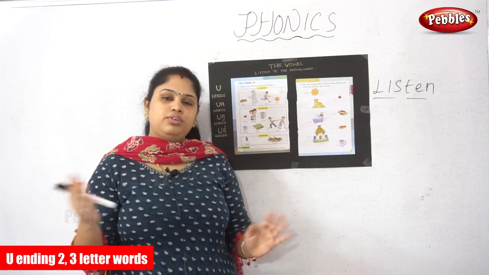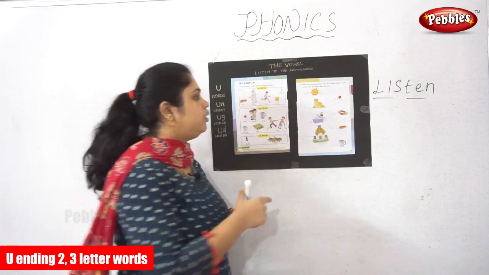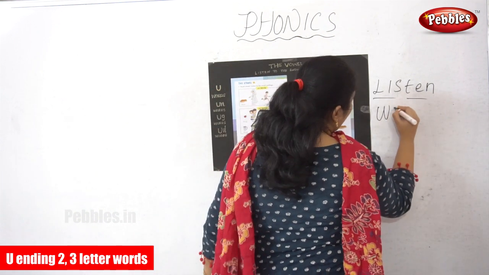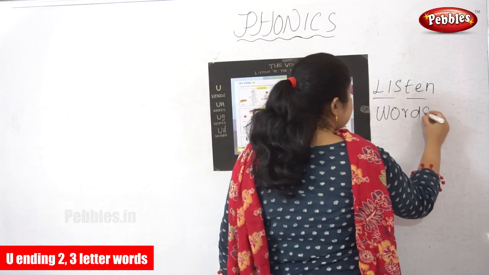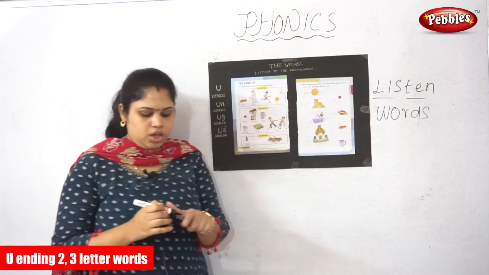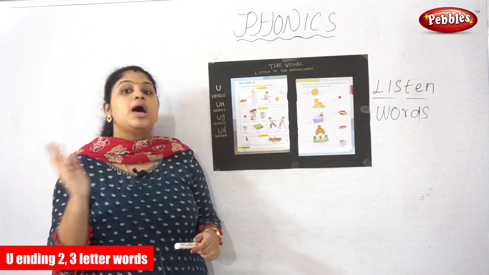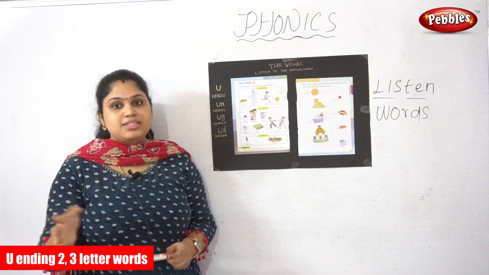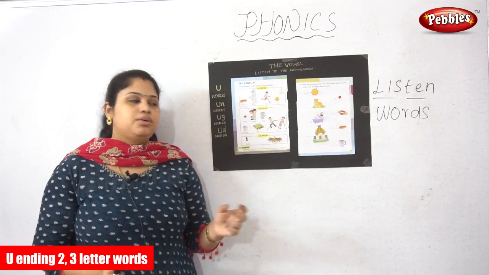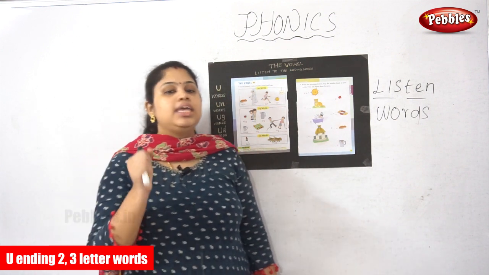We should pronounce it along with the s sound. For example, W-O-R-D, it's a word. When I put an s, then it becomes words. I also told you many examples like plant, plants; tree, trees; parrot, parrots; bat, bats; cat, cats. Whenever a word ends in s, you should pronounce it along with the s sound.